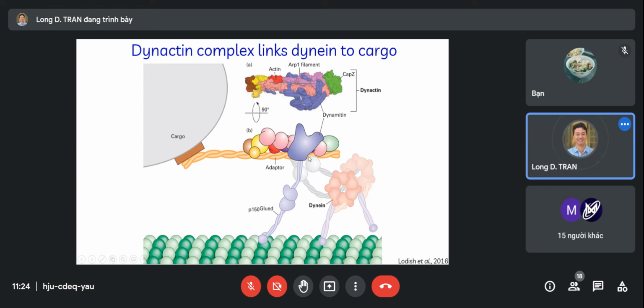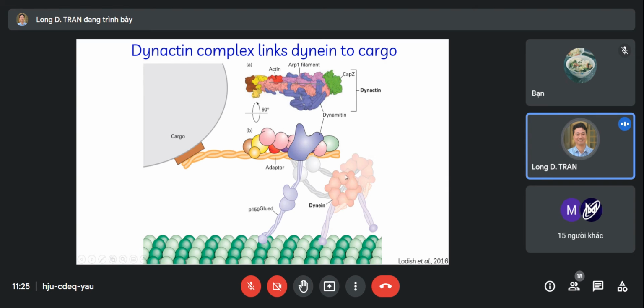And beside this, they also have a P150 glued. These proteins function to tether the dynein to the microtubule and keep the dynein attached to the microtubule during the movement.